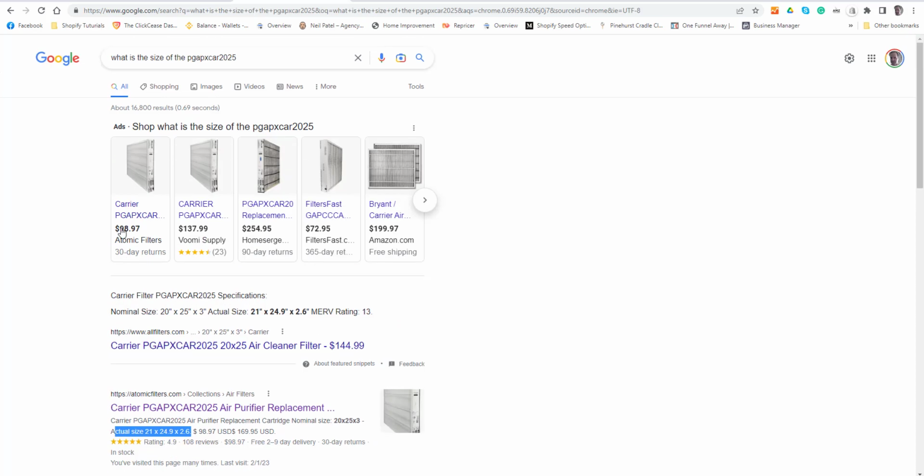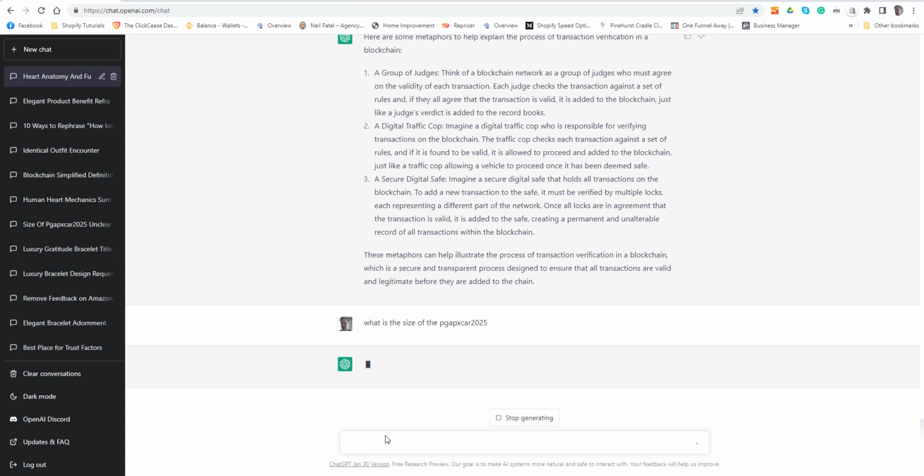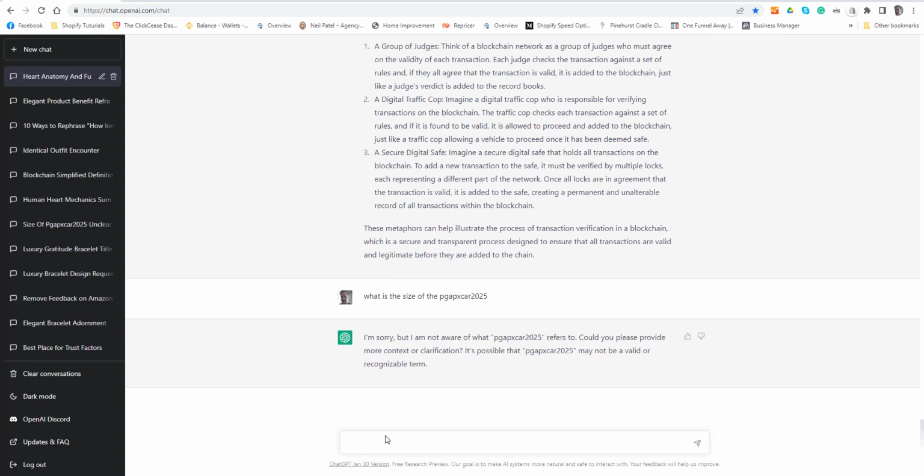So let's go in, and if we look at it in ChatGPT, you would think it would be able to find this, but it's a very specific knowledge. Air filters are, so it doesn't know what it is. Could you please provide more context? And we're going to do the same question.